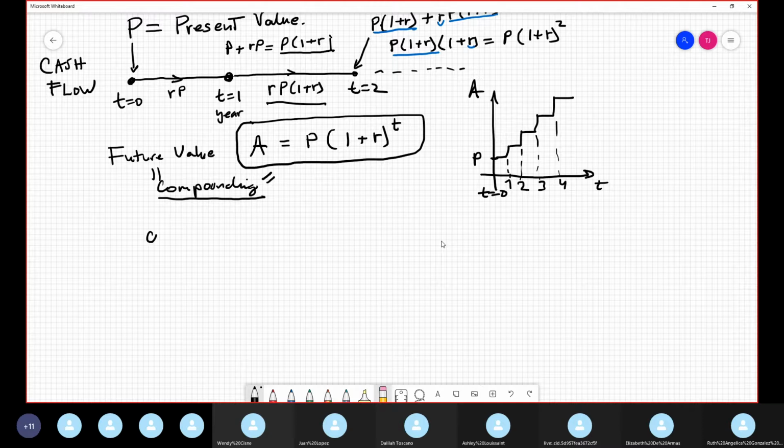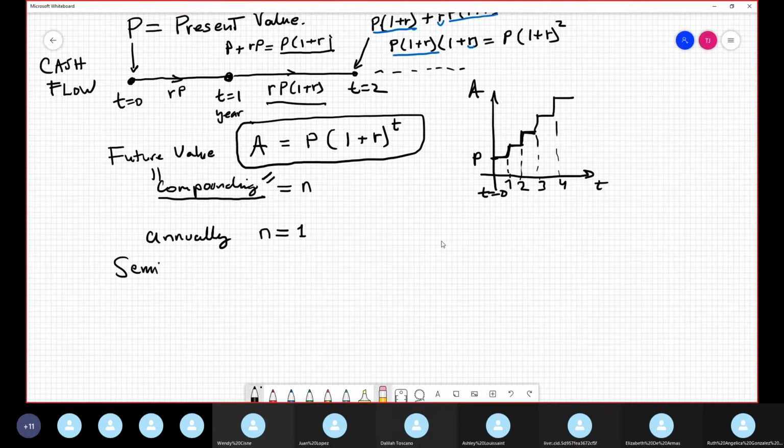So annually is under the supposition that the compounding M is equal to 1. So one step of these stairs is 1 year. But not always is like that.